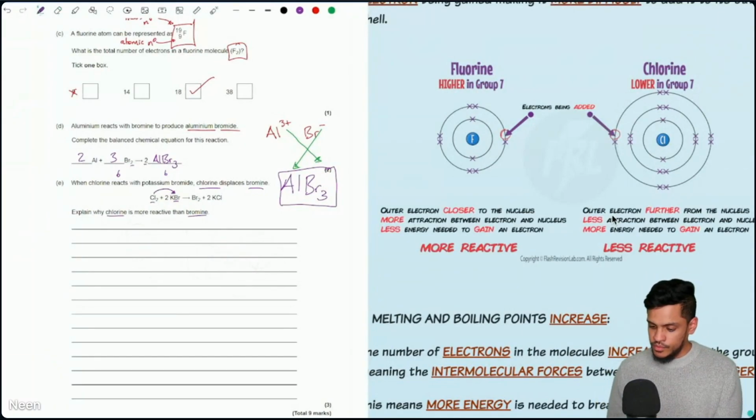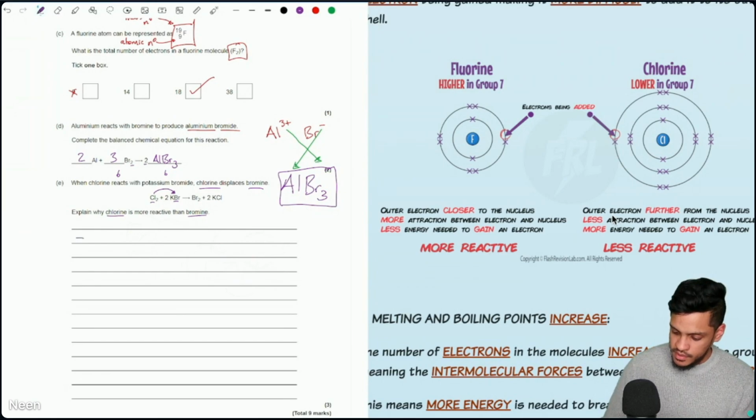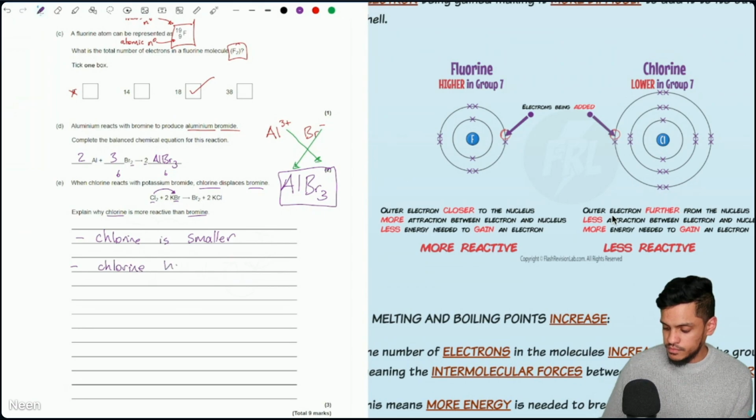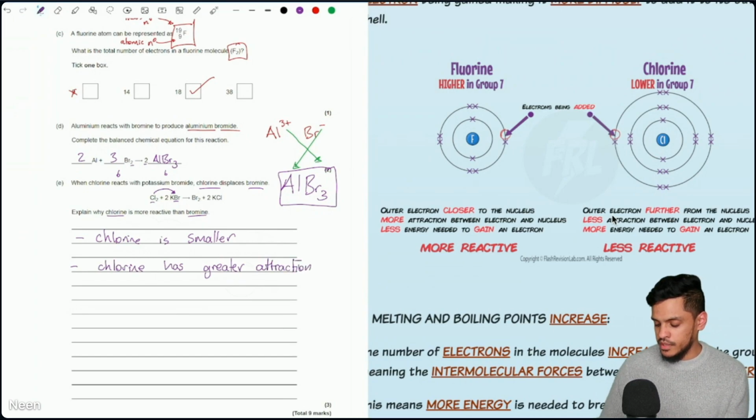So to get all 3 marks, first one is to say chlorine is smaller. So you can say chlorine, that's the smaller one. Chlorine has greater attraction. Or you could talk about bromine. You could say bromine is bigger.